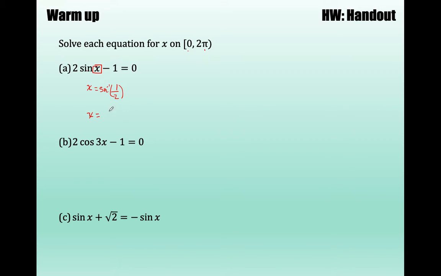So who has a sine of positive 1/2 on my unit circle between 0 and 2 pi? That would be pi over 6 and 5 pi over 6, right?